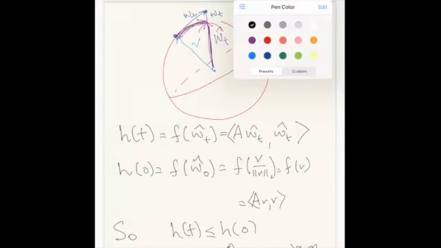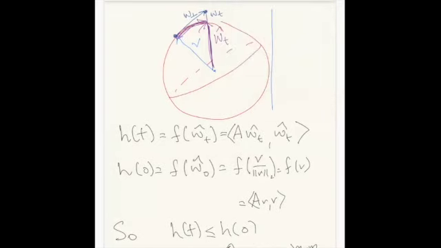Let's add that. So WT hat is defined as WT divided by norm of WT. So WT hat's norm, if you compute it, using some properties here, is the norm of WT, this is a scalar so it goes out, norm of WT divided by norm of WT, which is 1.